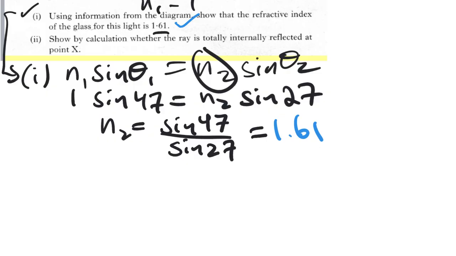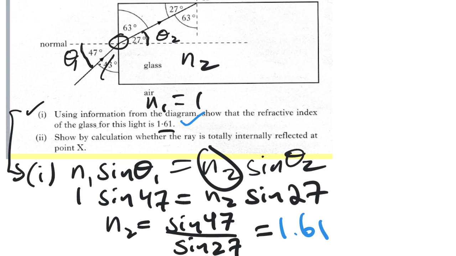Okay, let's do part 2. So I want to know right here how this ray is going to behave. Now, I've just switched what N1 and N2 are. So the ray is coming from, I call this N1 now, and I'll change the blue so you won't get as confused. So N1, we just found to be 1.61.